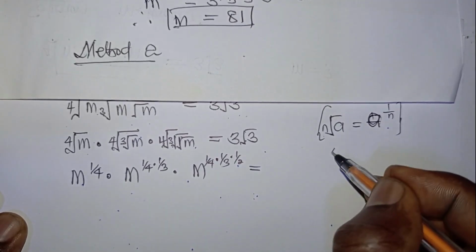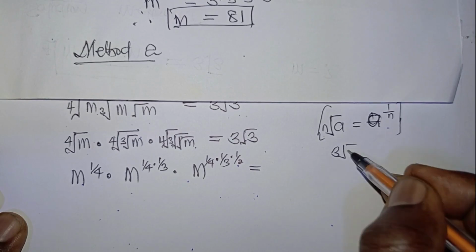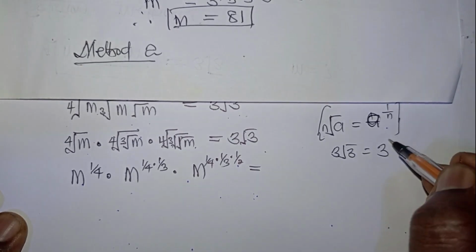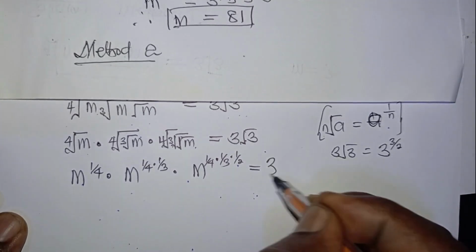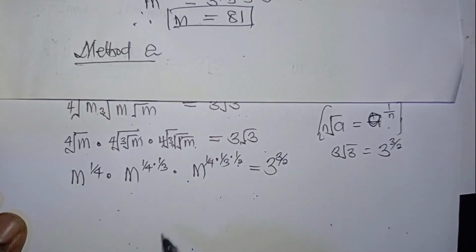Recall 3 root 3 in the first solution was the same as 3 to the power 3 over 2. So this will become 3 to the power 3 over 2.